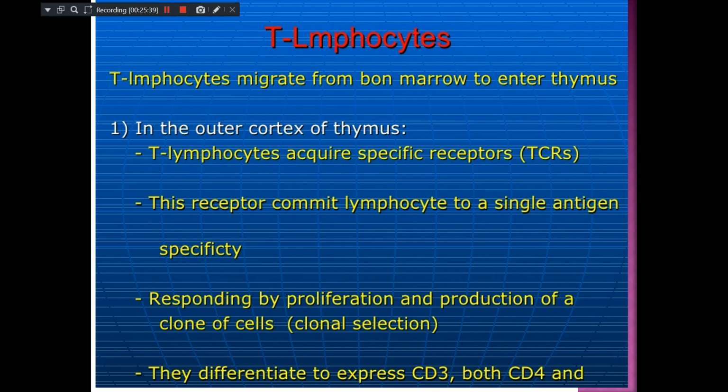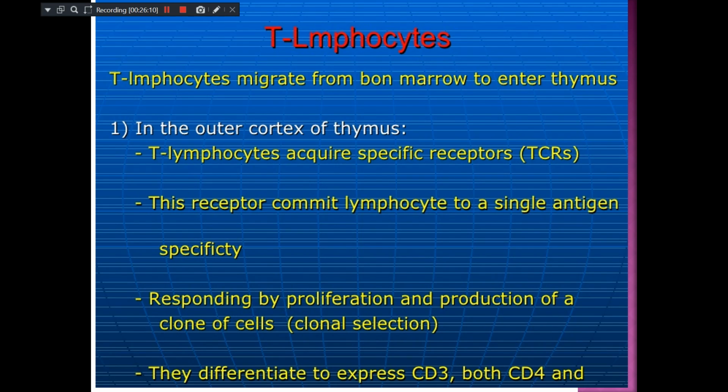Then coming to the T lymphocytes. T lymphocytes also originate in the bone marrow, like the B lymphocytes, as stem cells. But after taking birth in the bone marrow, they do not develop there. Instead, some of these T cells migrate to the thymus.